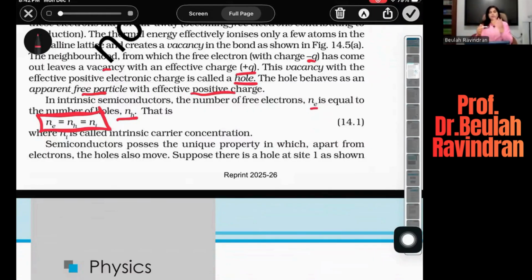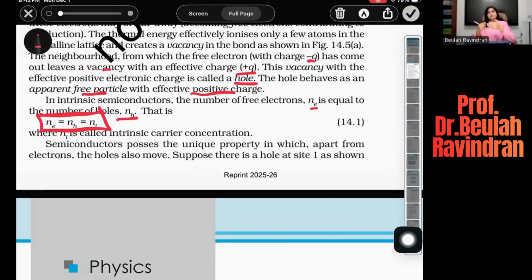Okay, if a pure semiconductor is doped with some other materials, monovalent, trivalent, pentavalent compounds, then what happens? It will become an extrinsic semiconductor.